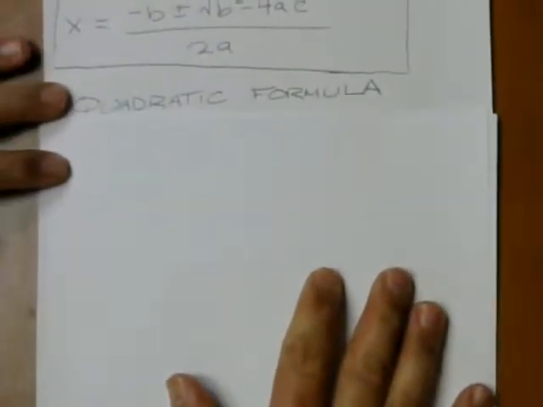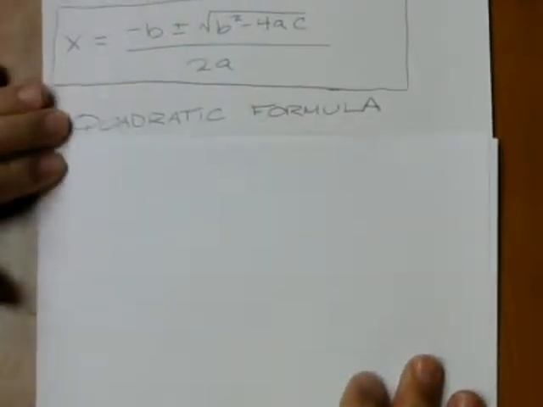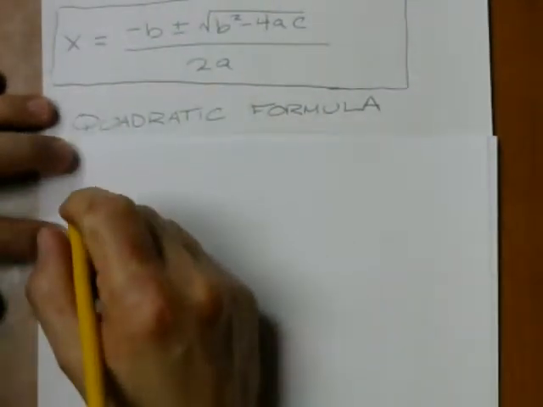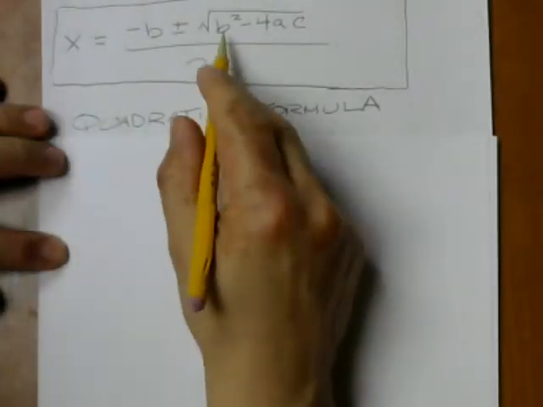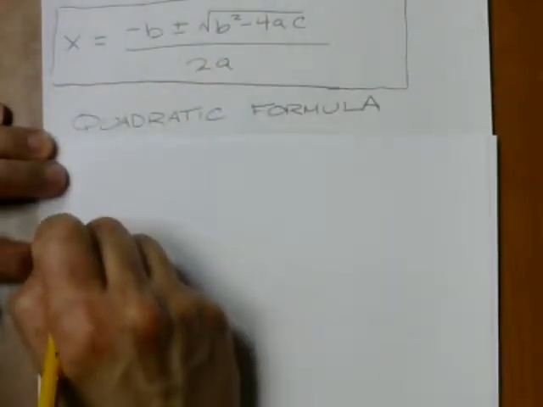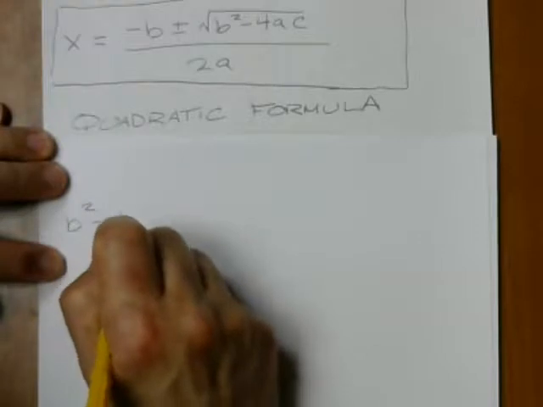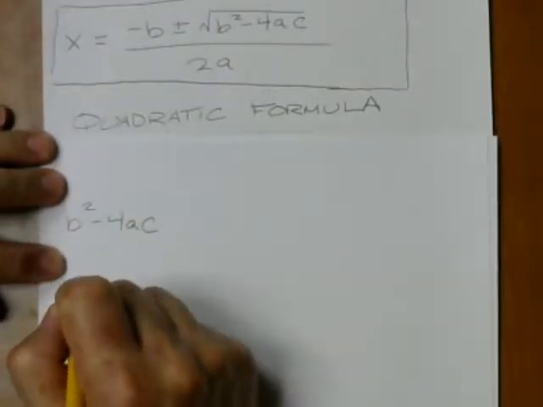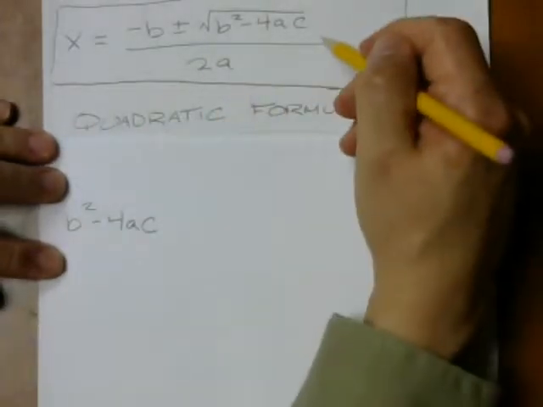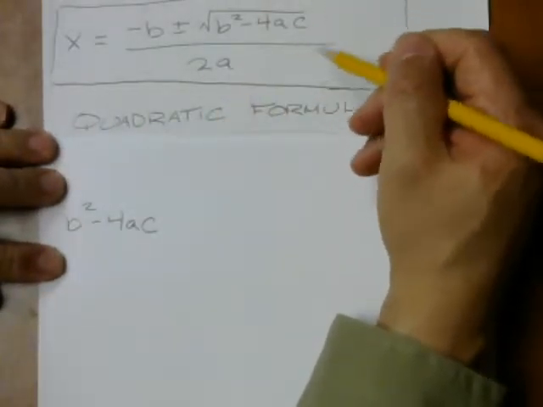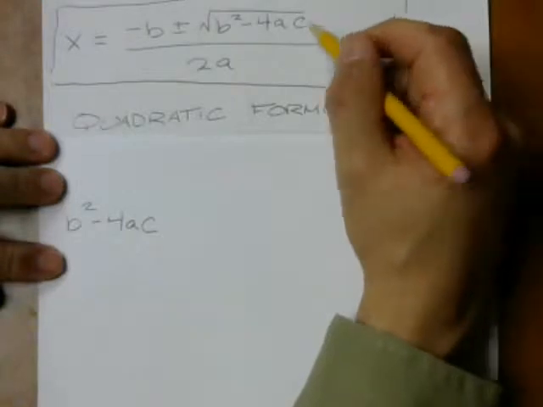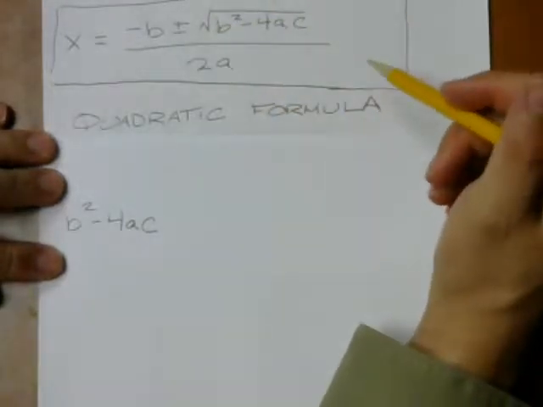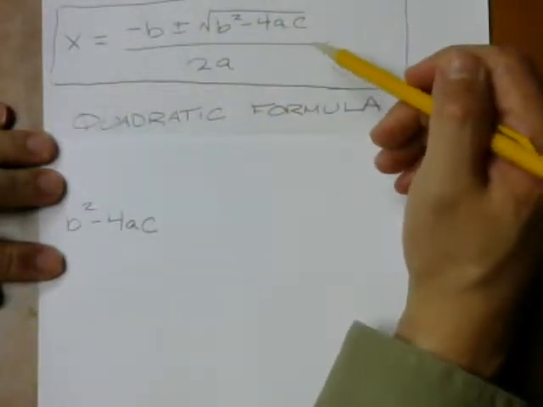Before I go any further, I just want to repeat what I said at the end of my computation and explain it again. Suppose I take this value, b squared minus 4ac, and I examine it. If this b squared minus 4ac happens to be positive, then in this formula, which solves for the general quadratic, I happen to know I have the root of a positive number, which is going to give me a positive number.